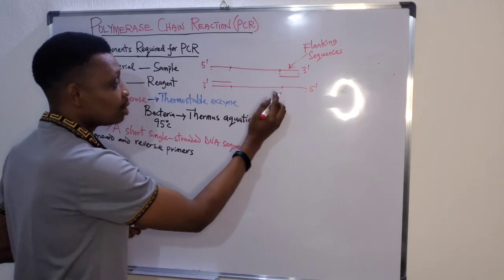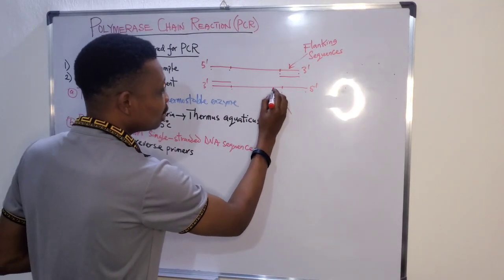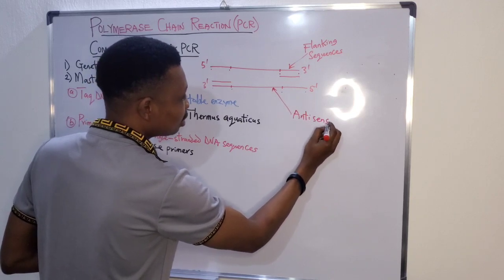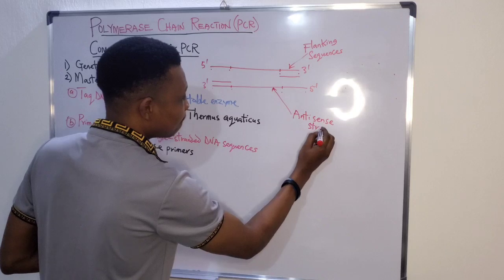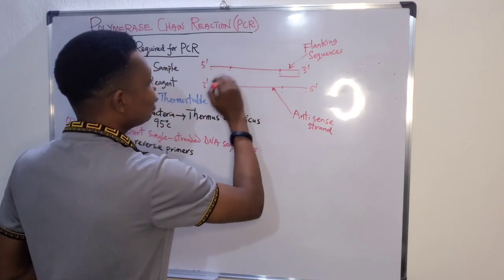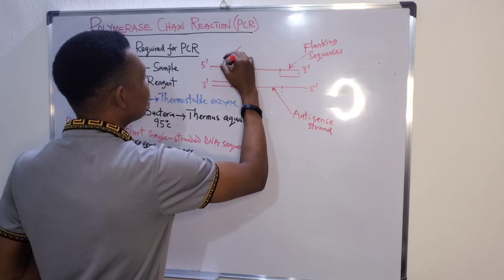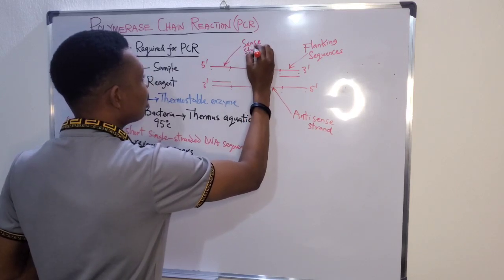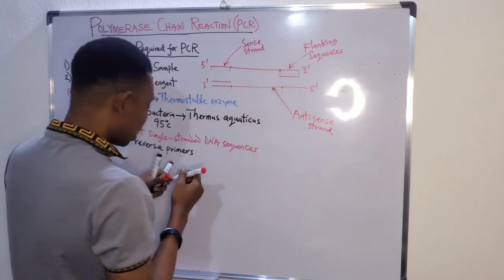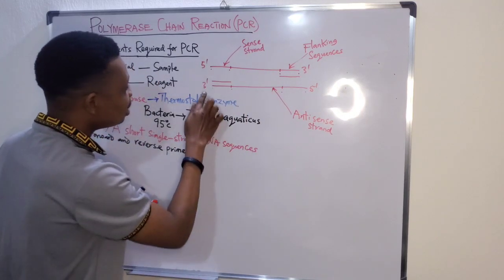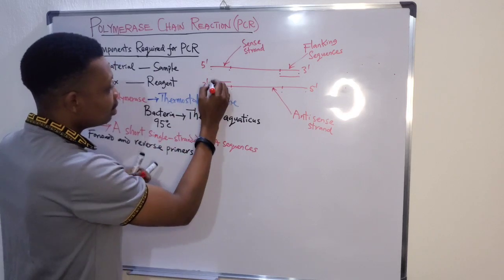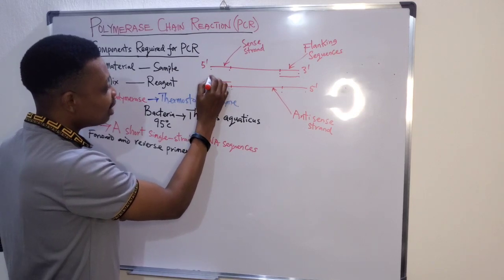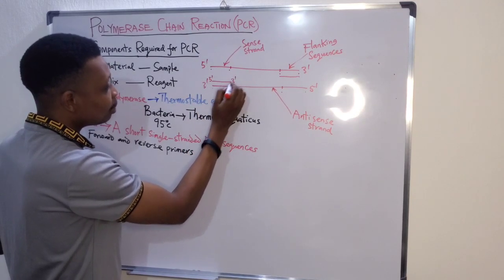This strand is called the anti-sense strand, while this strand is called the sense strand. And also, because this is 3 prime, this primer, which is the forward primer, will be 5 prime to 3 prime.